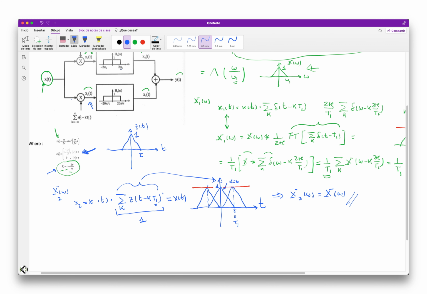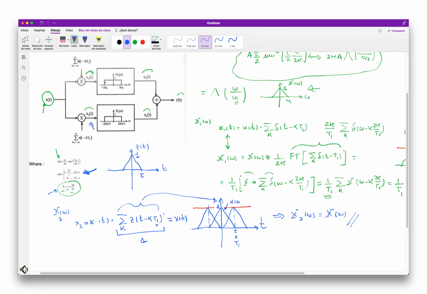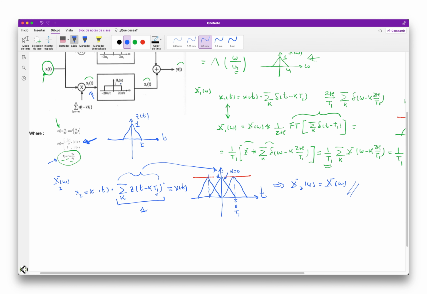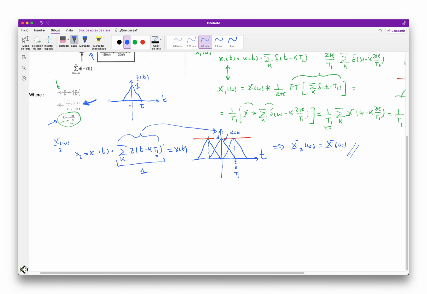Let's move forward. Let's go again to the upper branch and calculate x3. x3 is just x1 passing through this filter, a low pass filter with half width W1. So let's go and calculate x3.